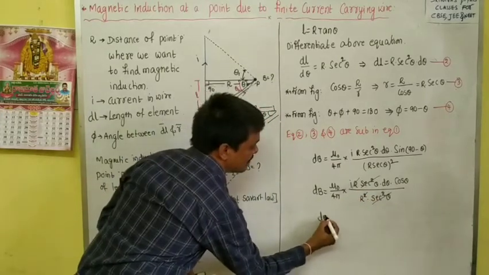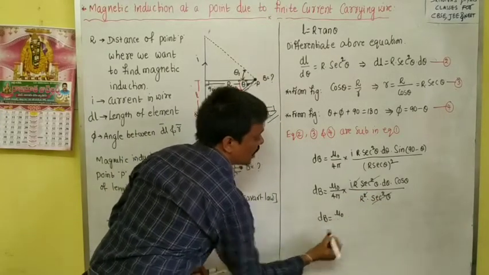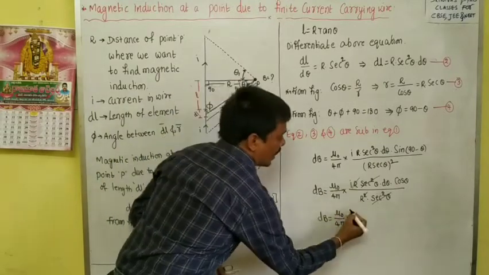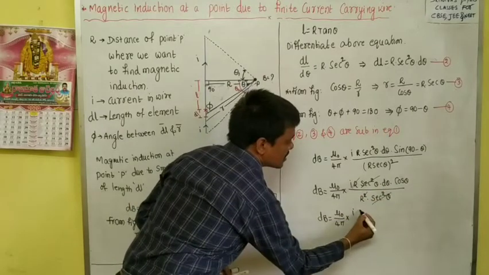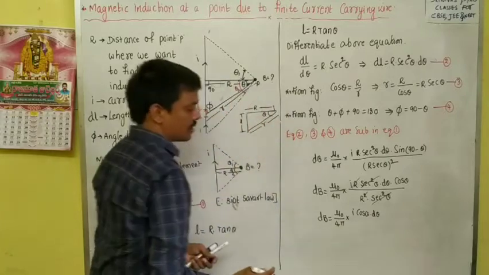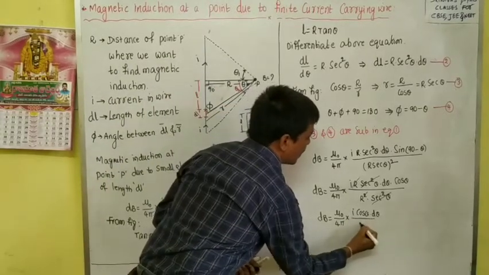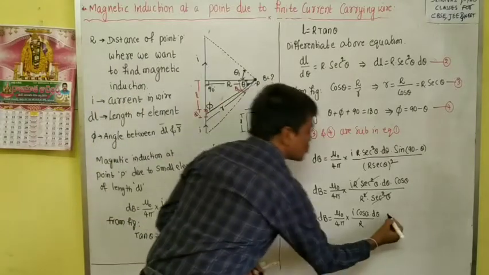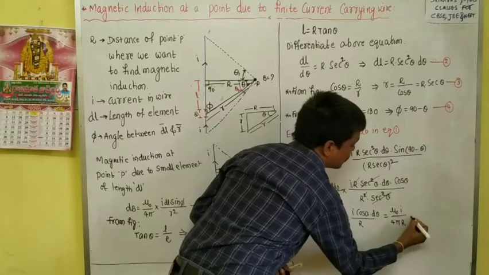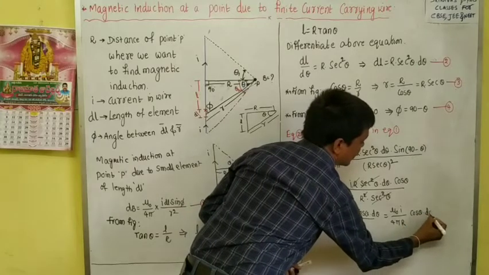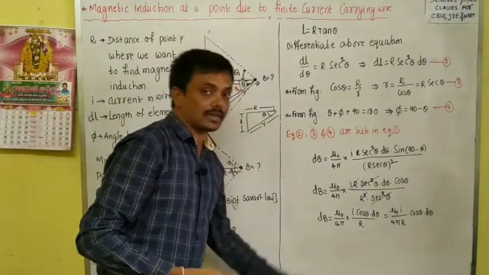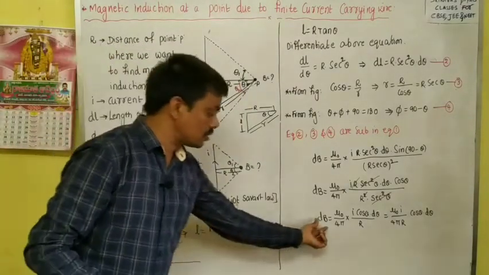The next equation we will get is dB is equal to nu naught by 4 pi into I cos theta d theta by capital R. We can also write this as nu naught I by 4 pi R into cos theta d theta. Now this is the magnetic induction due to the small element.